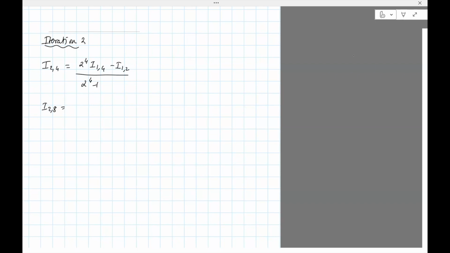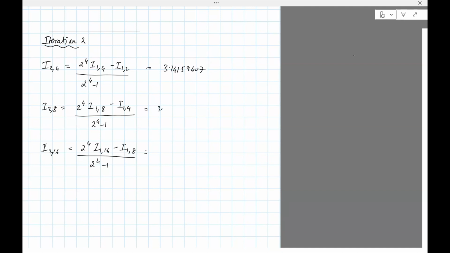I2,8 is 2 raised to 4 I1,8, sorry, my bad, minus I1,4. I2,16 is 2 raised to 4 I1,16 minus I1,8, divided by 2 raised to 4 minus 1. Okay, there are 3 of these.